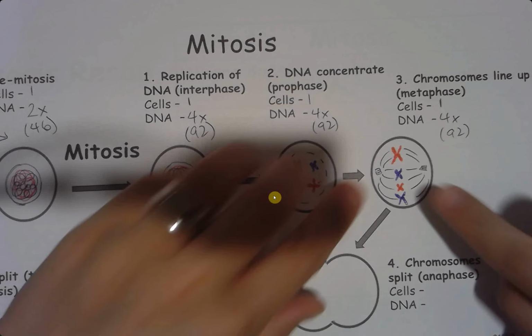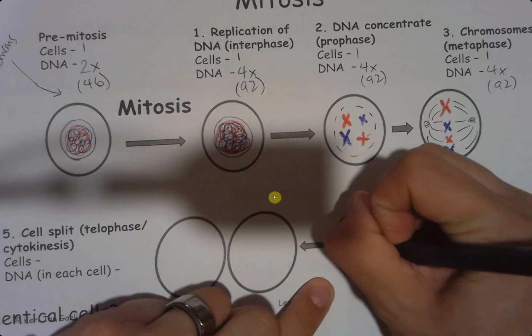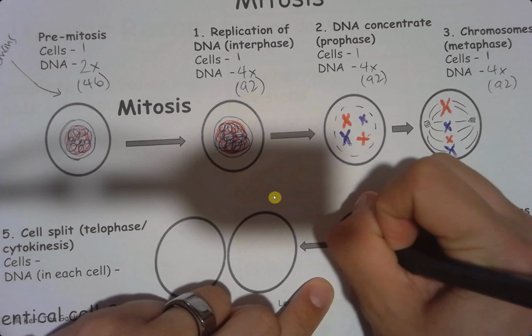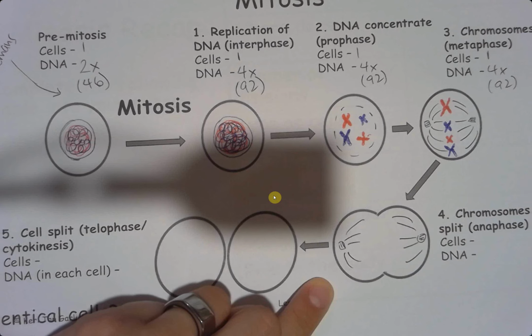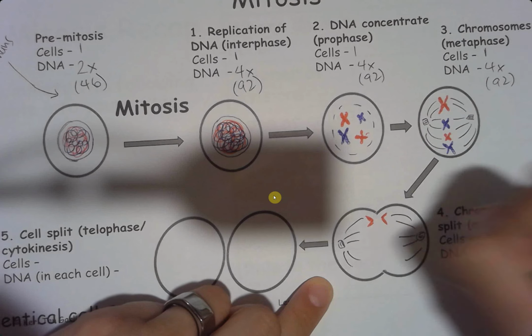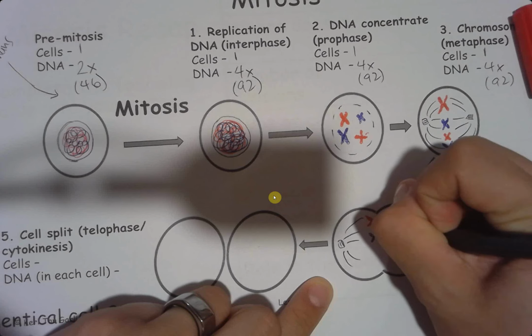So yeah, they line up in the center, and the whole idea is when they line up in the center, the little spindles will pull the sister chromatids apart. So we're going to have that pulling apart of the duplicated chromosome.